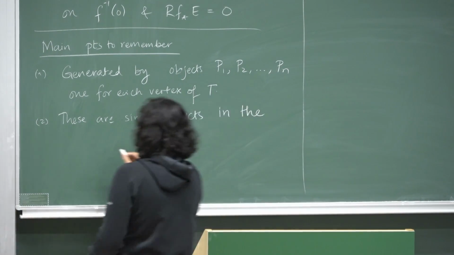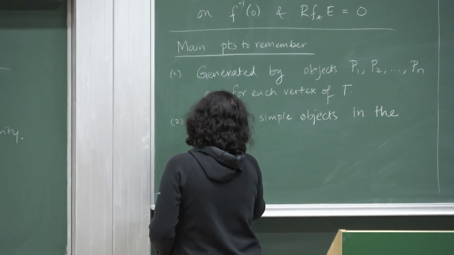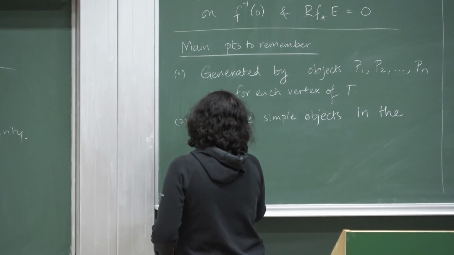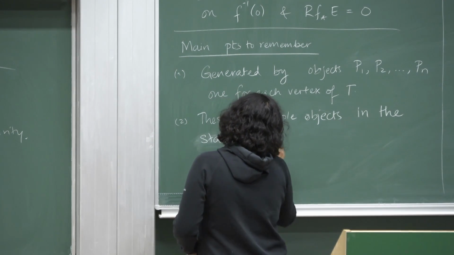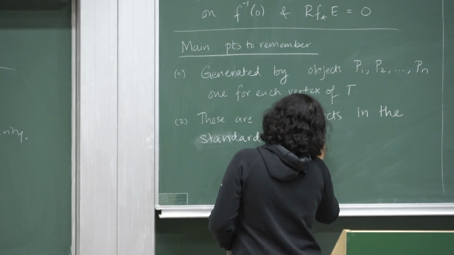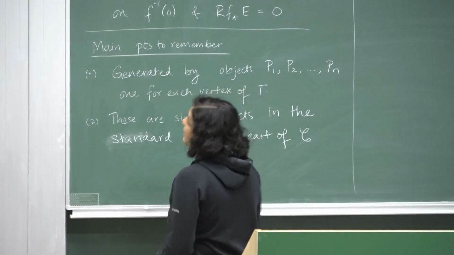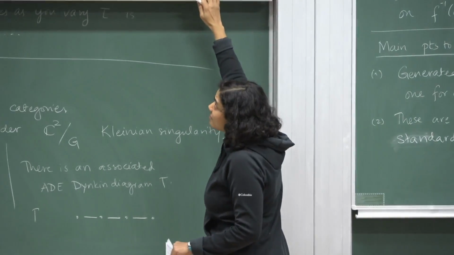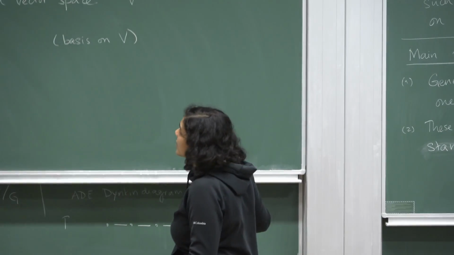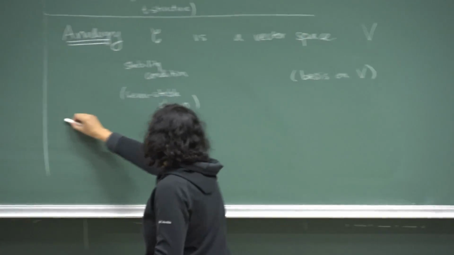All right, so these are simple objects in the standard abelian heart of C. So again, in that picture that I drew, this picture is getting a bit cluttered, so I'll draw another one.